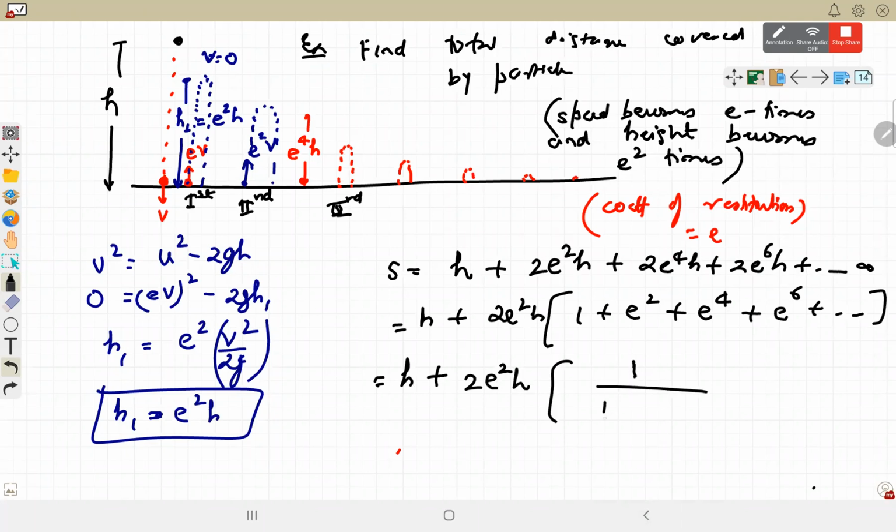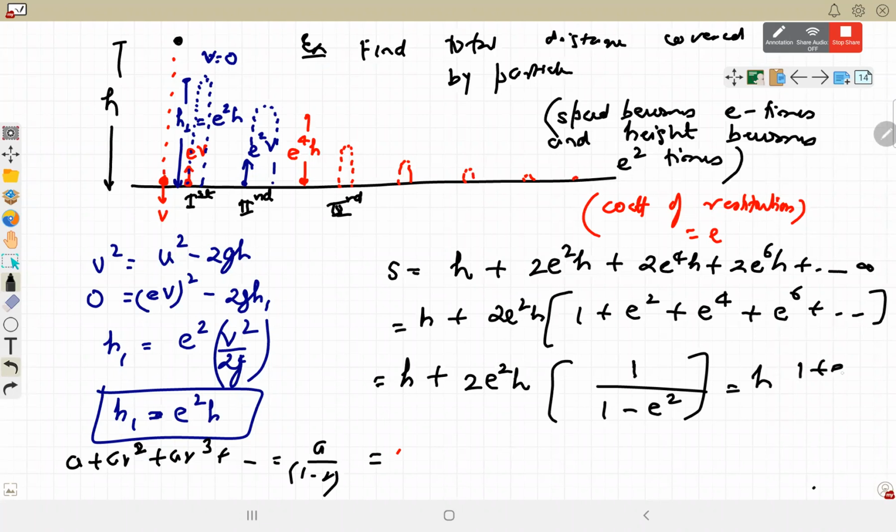This is an infinite GP, whose sum is a upon 1 minus r. So taking h common, it becomes h into 1 plus e square divided by 1 minus e square.